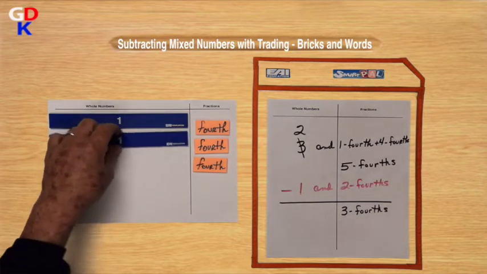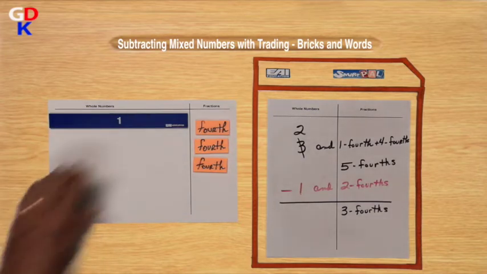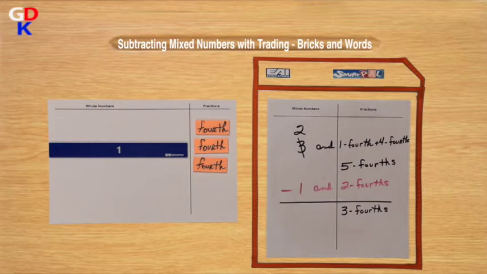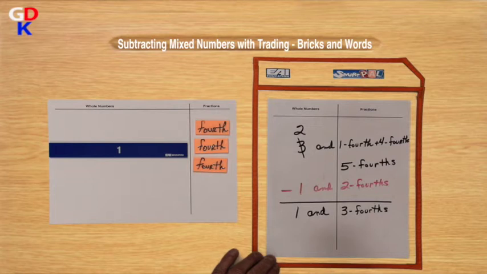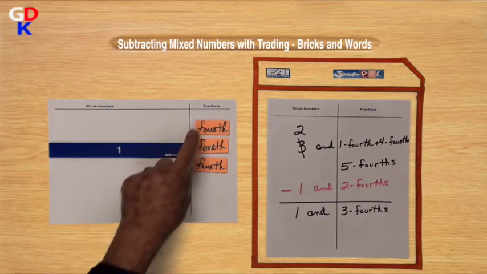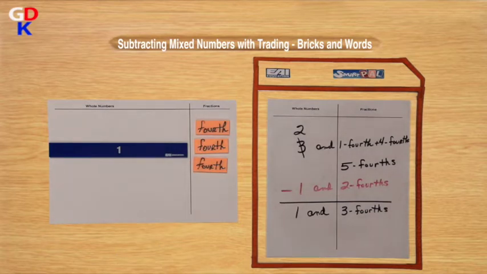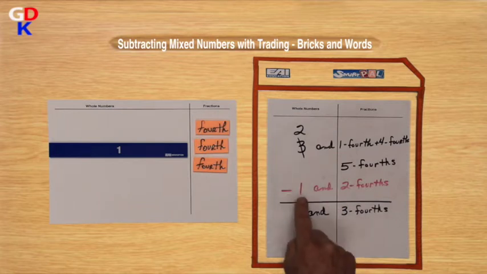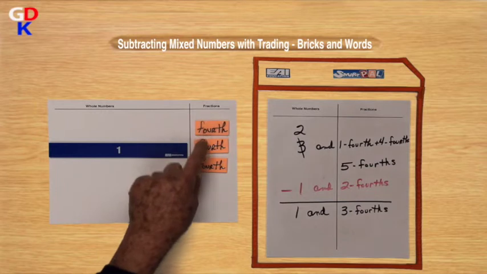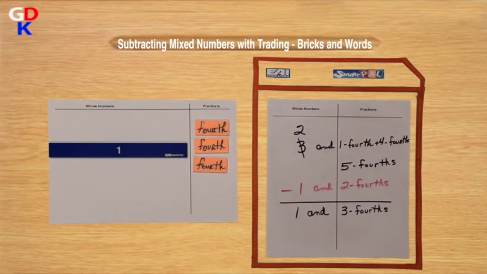So let's subtract 1 from our 1s, and that leaves us with 1, 1, and let's record that. So our answer now is 1 and 1, 2, 3/4. So when we subtract 3 and 1/4 minus 1 and 2/4, our answer is 1 and 1, 2, 3/4. And the reason we can do this is we traded one of our 1s for 4/4.